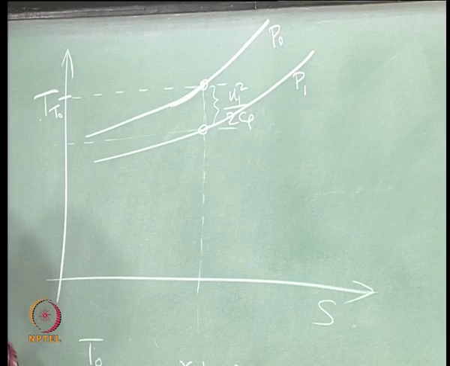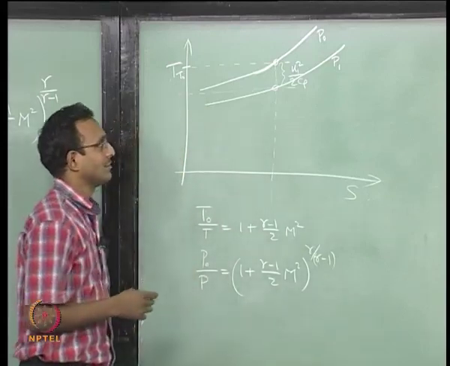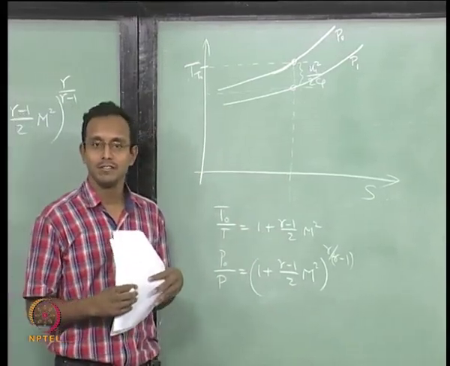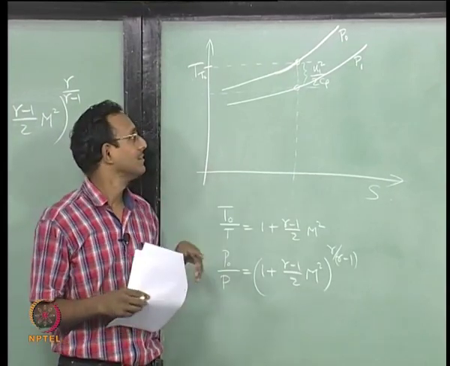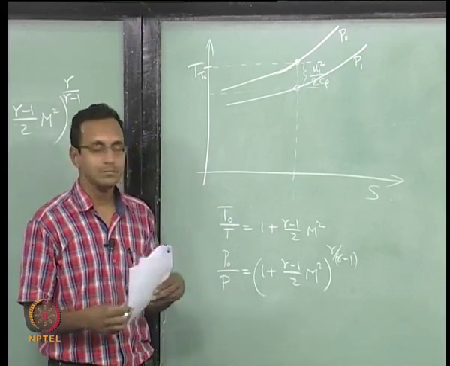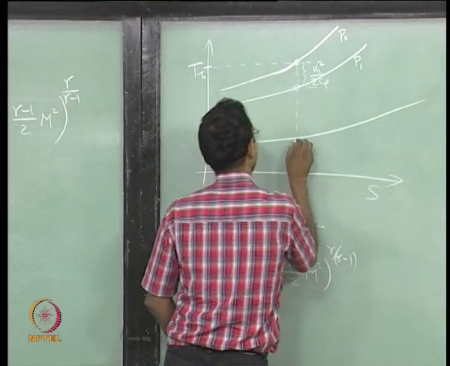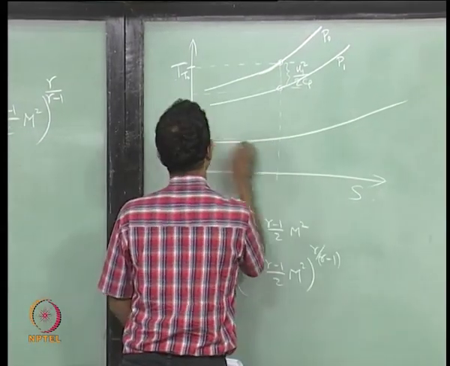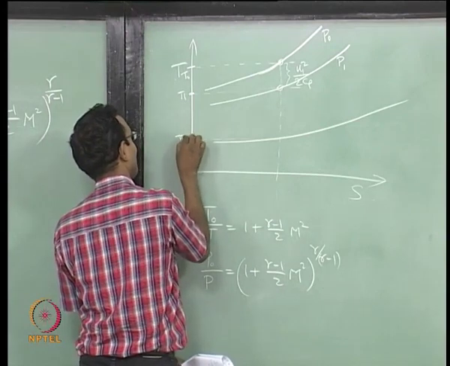Now, I will go to some case where it is fully supersonic. Where will my point be? If it is fully supersonic, I will call that point 3. It will be below this. I will draw something like this. This is my T1, this is my T3, I will come to T2 after this.